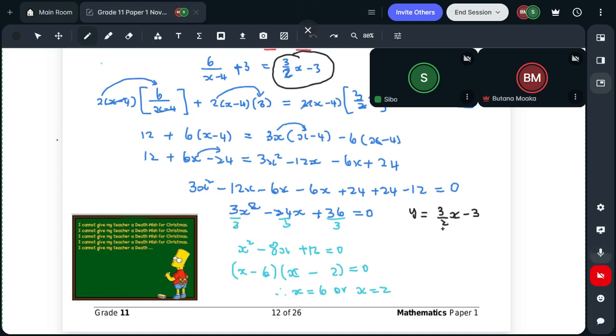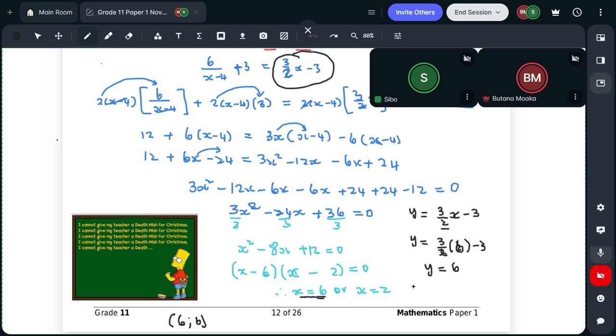So where there's x, you put 6 to find the corresponding y. So y equals 3 over 2 times 6, minus 3. Since 2 can divide 6 and the answer is 3, 3 times 3, that's 9, minus 3, that's 6. So the y value will be 6. So if x is 6, the corresponding y value will be 6. So this will be 6 and 6.